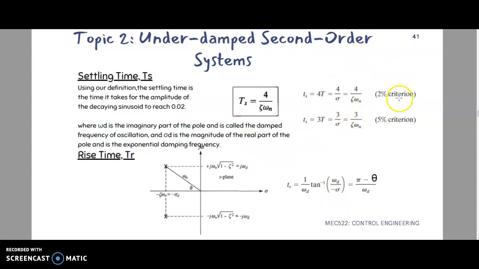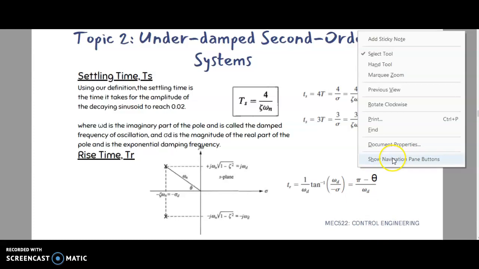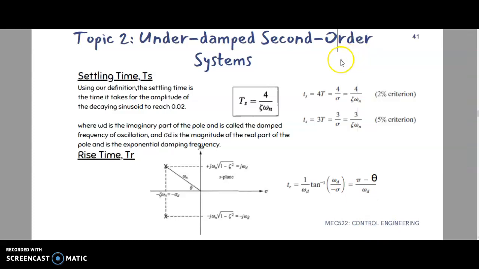Here you have two equations: either you use 2% or 5%. For 5% you can use 3 divided by sigma. It depends on the question, but if the problem does not state any criterion, you need to use the 4 divided by sigma one.